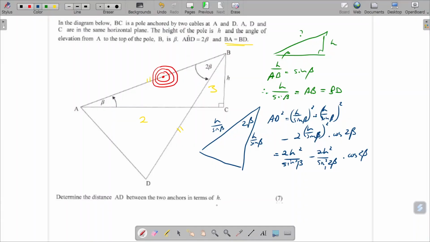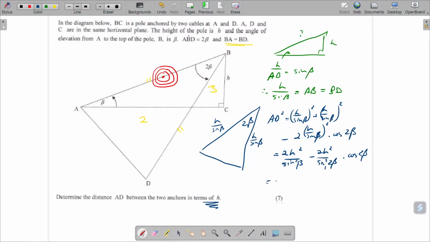So what's this going to become? The issue here is they're saying in terms of h. So in other words, the betas are probably going to fall away. The only variable in the answer is going to be an h. So again, we know that the things are going to fall away.